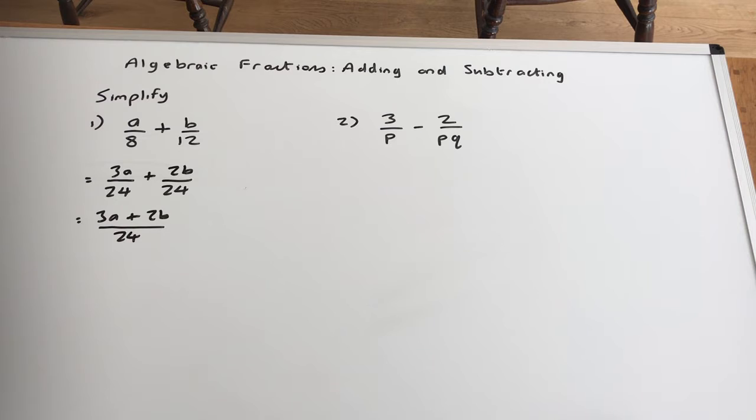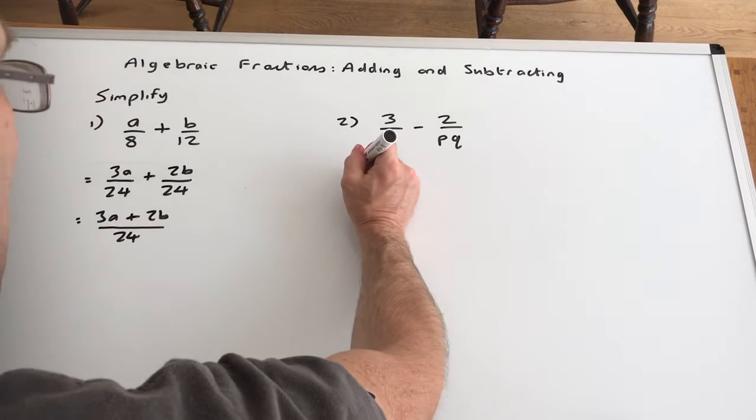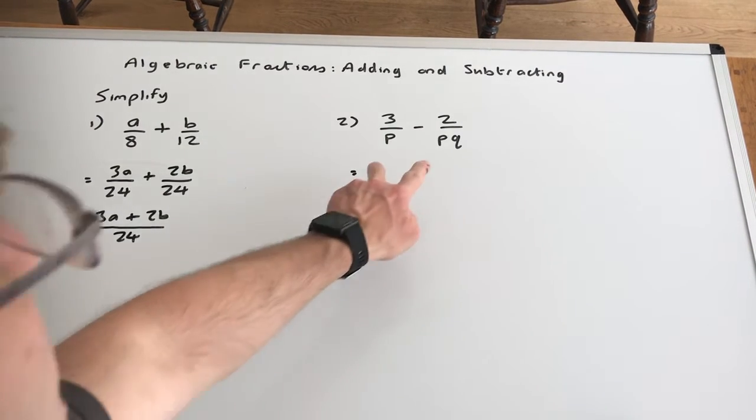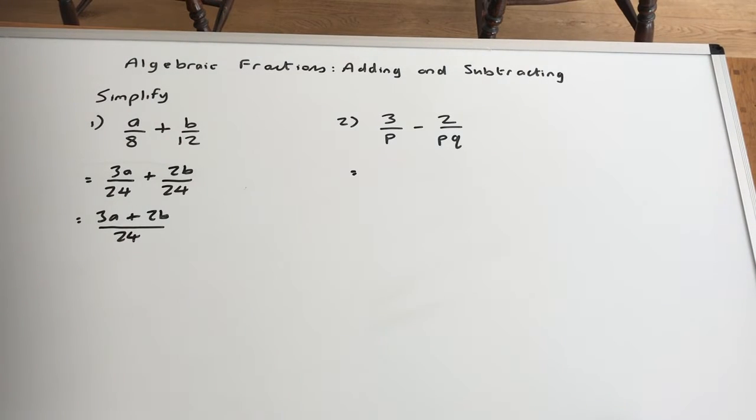It's about when you add and subtract fractions, being careful about which denominator you choose for the fractions before you add or subtract. So for this one, again, we could choose a denominator of p multiplied by pq. It'd be cumbersome, but we could do it.